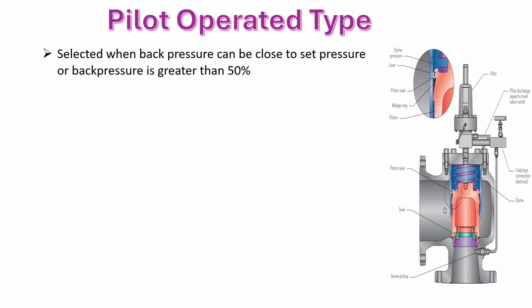And another is the piston type pilot operated safety valve, which uses a piston shaped like a disc or diaphragm as the closing device, and the external pilot valve.